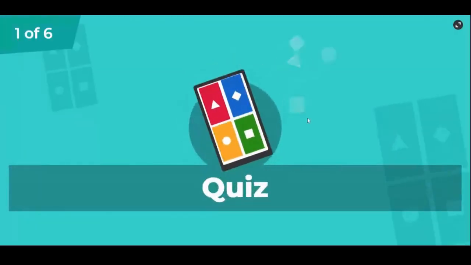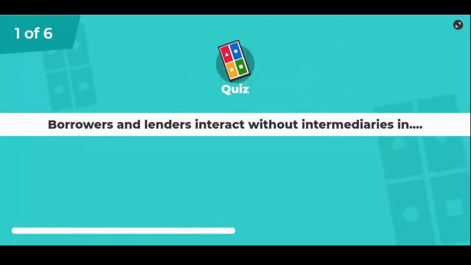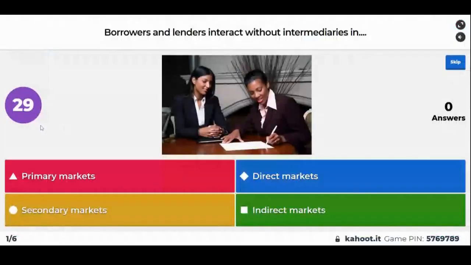So ready? Here comes the first question. Use your phone to press the correct button. Borrowers and lenders interact without intermediaries in primary markets, direct markets, secondary markets, or indirect markets. Which is the correct answer?